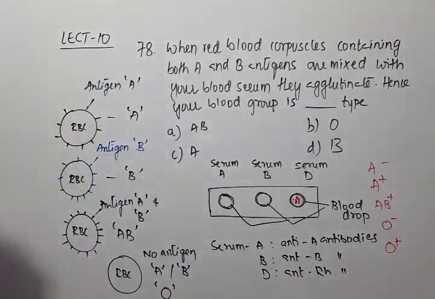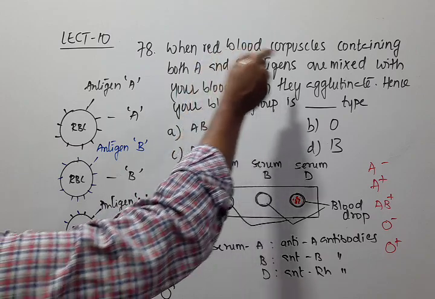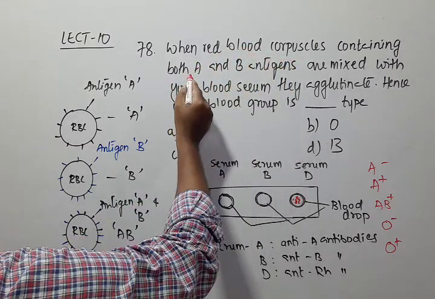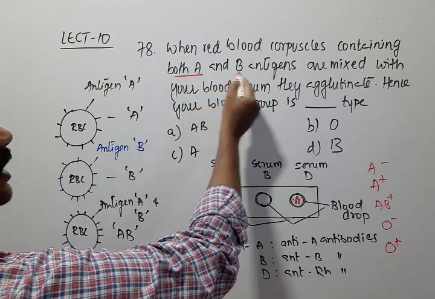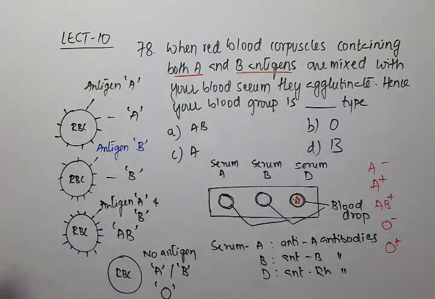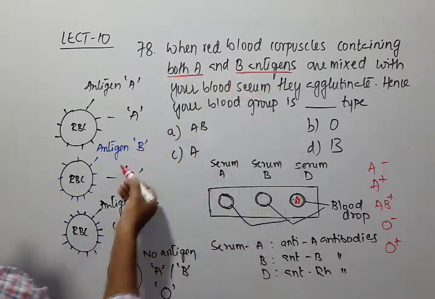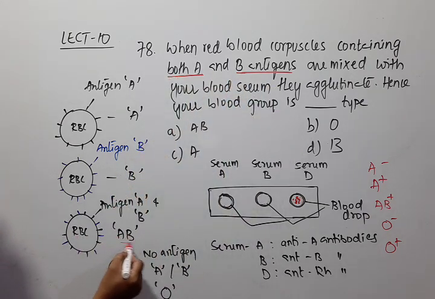Now here, when red blood corpuscles contain both A antigens and B antigens and they are mixed with the blood serum, obviously when we have both A and B antigens, as I have already told, it will be AB blood group.